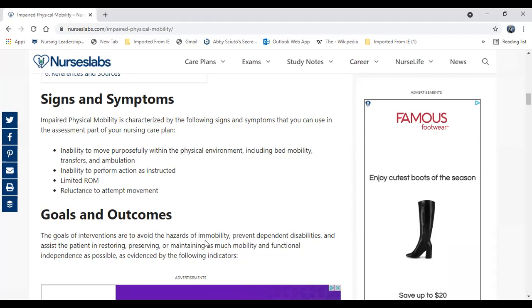What would be goals and outcomes? Now, remember, this is a standardized plan of care, so you need to make it unique to your individual. But your goals are going to be to avoid any hazards of immobility, prevent dependent disabilities, okay, because now she's going to be dependent, right? Help the patient restore, preserve, or maintain that mobility and function and independence.